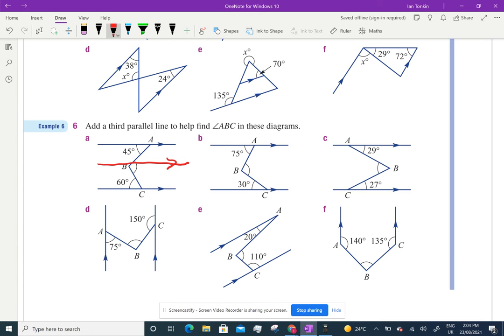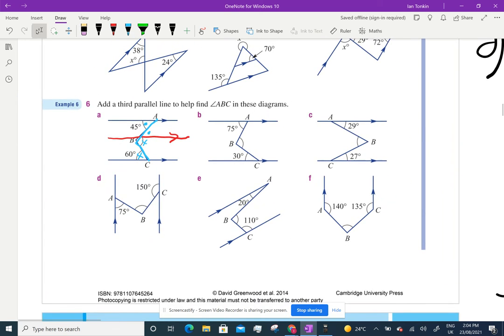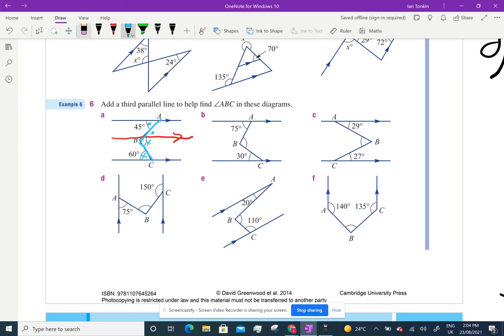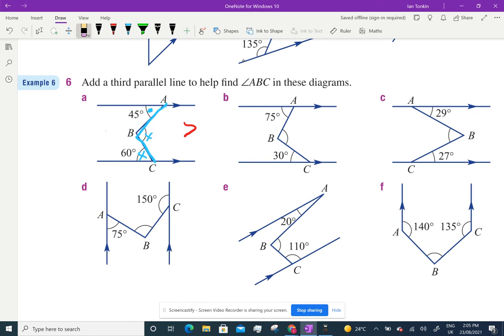So if I draw a line through there, and imagine it's going right through that B, and I draw it such that it's parallel, then I know that this angle is the same as this angle because it's a Z, and this angle is the same as this angle because it's a Z and it's alternate, and I can get the angle ABC, which is there. So I draw my third line, and I need to use some pronumerals here.